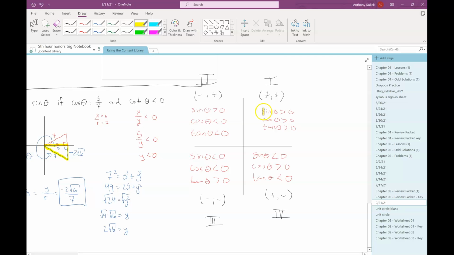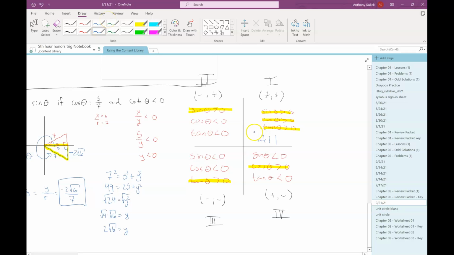So if I look at the first quadrant, everything is positive. If I look at the second quadrant, only sine is positive. If I look at the third quadrant, only tangent is positive. If I look at the fourth quadrant, only cosine is positive.